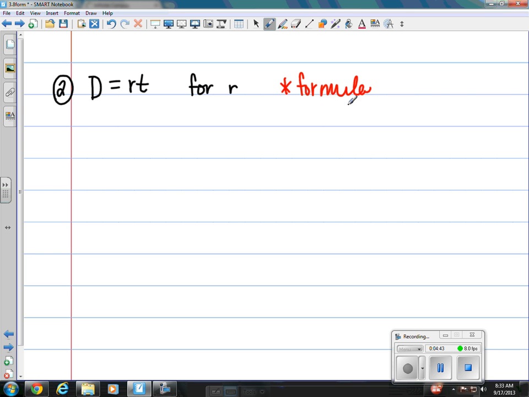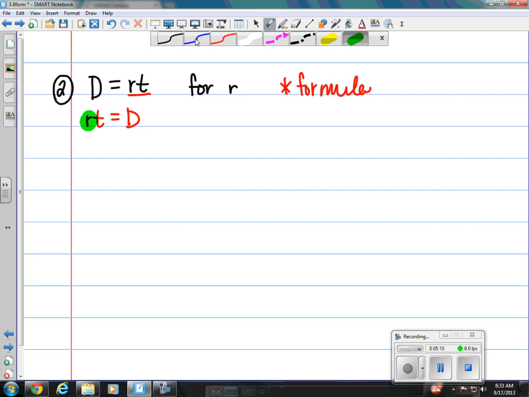Whenever we get to a formula, it's always easier if we go ahead and flip it to begin with. That way, we start out with our variable on the side we like it on. So I'm just going to take my whole problem and flip it around to where it says RT equals D. Now my R is where I like him. He's over here on the left side.